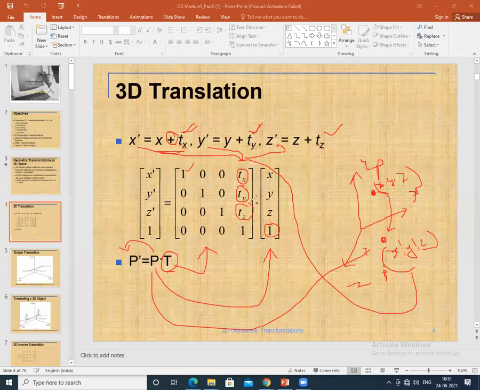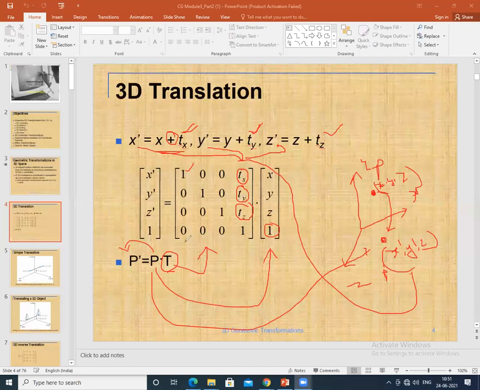In the lab, we did a program on fixed point rotation of a triangle. In that, the matrix we considered was 3x3. Here we consider a 4x4.